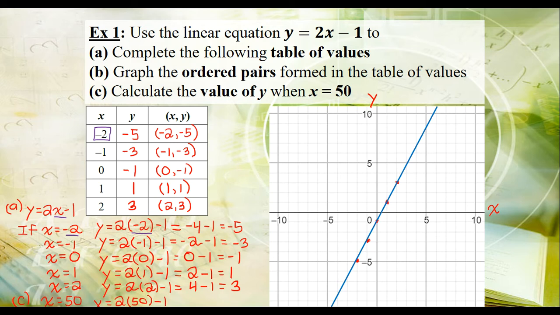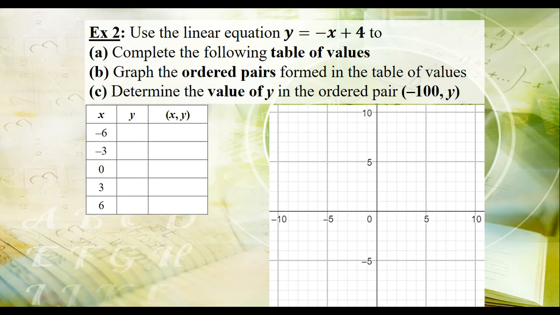And then 2 times 50 would be 100, and then minus 1. So 100 minus 1, your value of y would then be equal to 99. Okay, let's go to the next example.